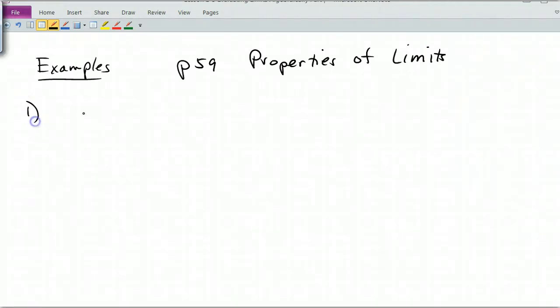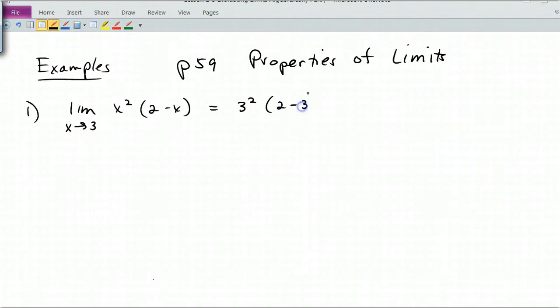Number 1. The limit as x goes to 3 of the product of two functions, x squared and 2 minus x, a quadratic times a linear. I'm going to use substitution. You should always try substitution first. When I substitute it in, I get 3 squared times 2 minus 3.